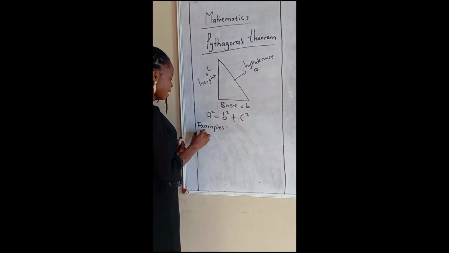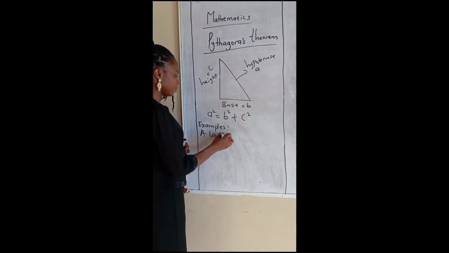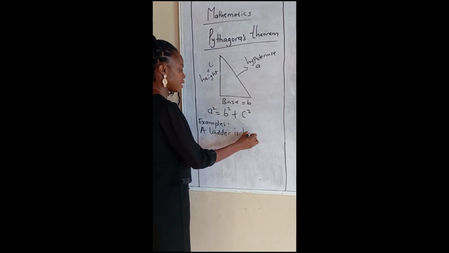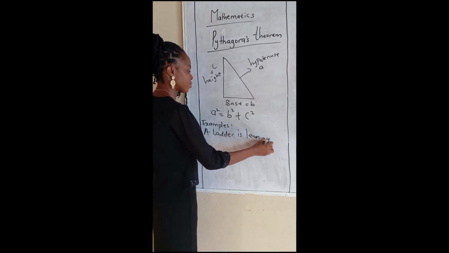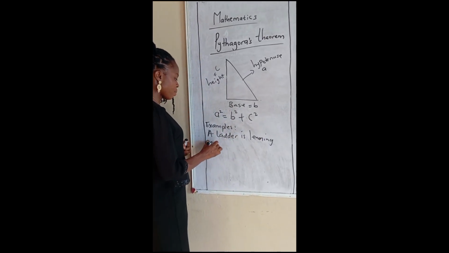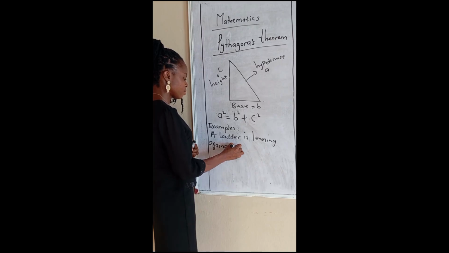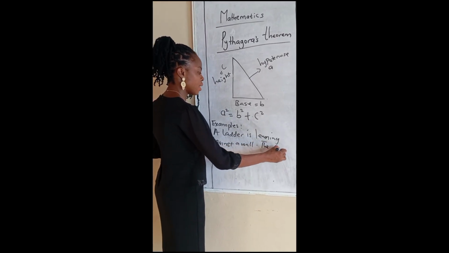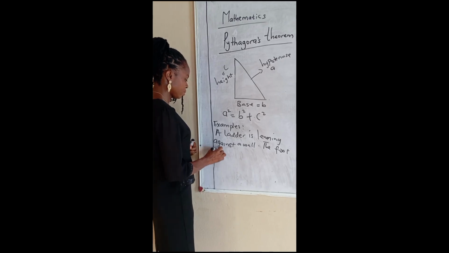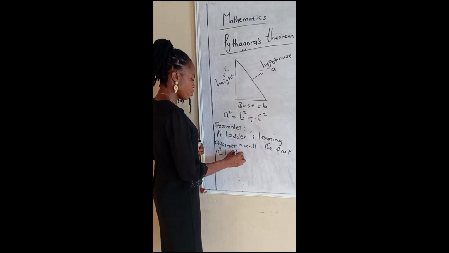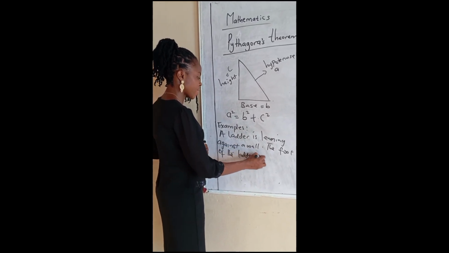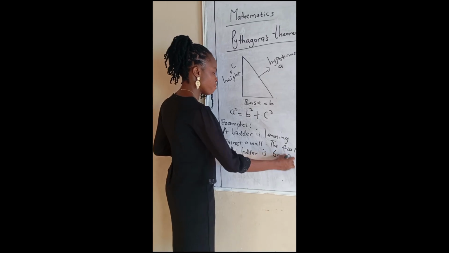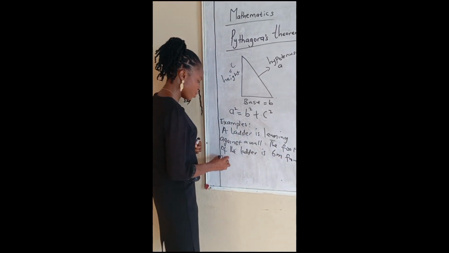Example: a ladder is leaning against a wall. The foot of the ladder is 6 meters from the wall.